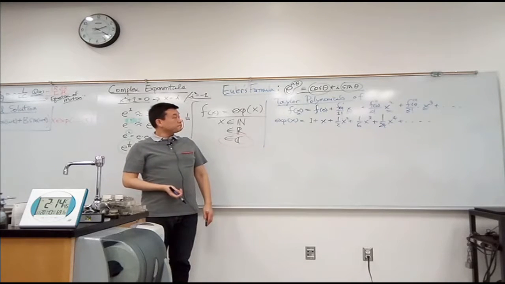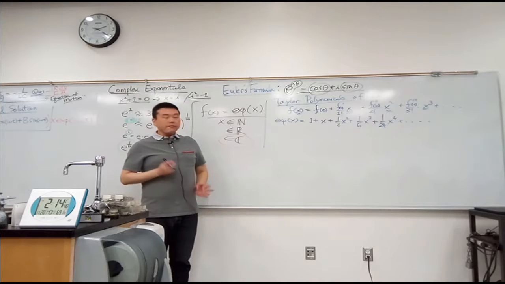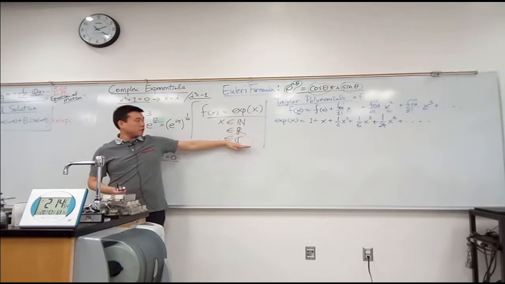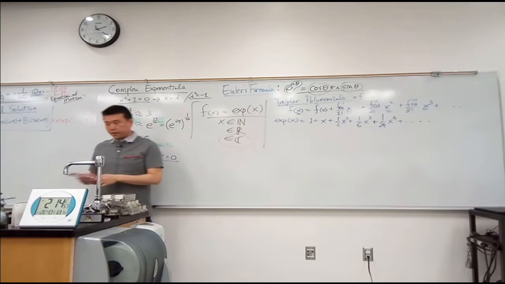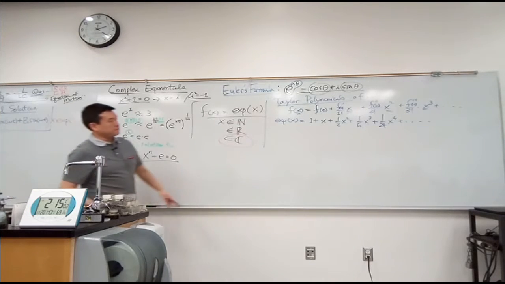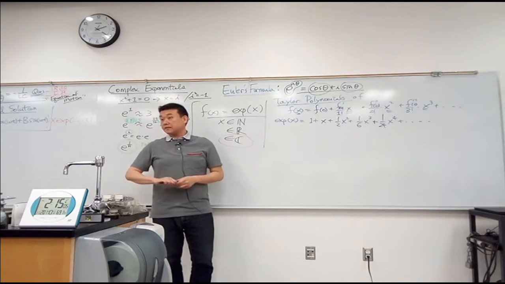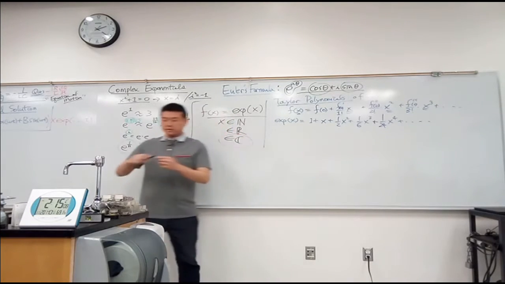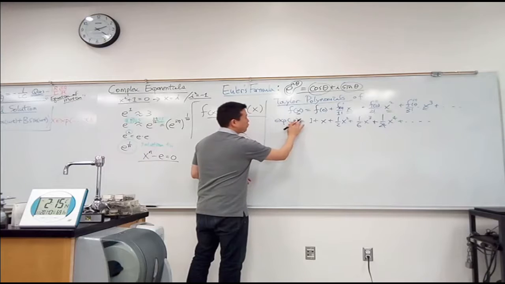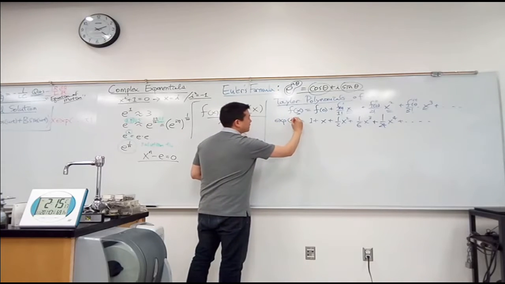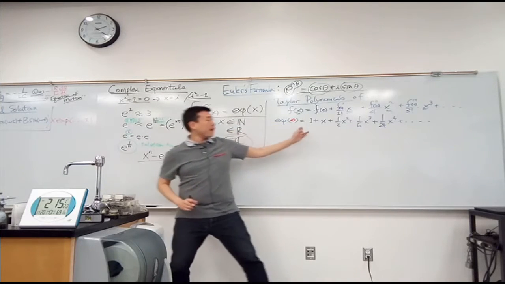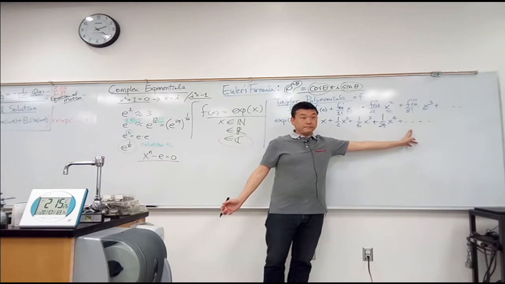Okay? So when we imagine extending this function into the complex domain, this is what we are doing. Instead of x, wherever I see x, I'm going to replace it with i times theta, because I frankly don't know what this is, but the right-hand side is something that I can evaluate.